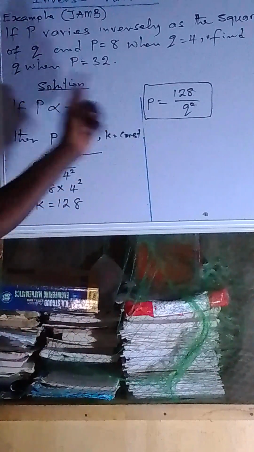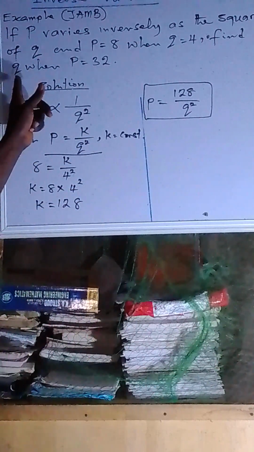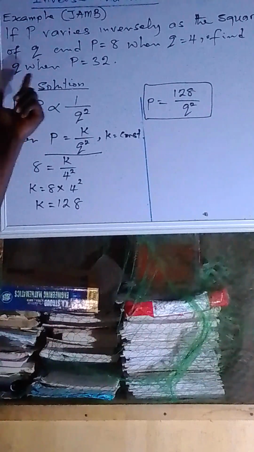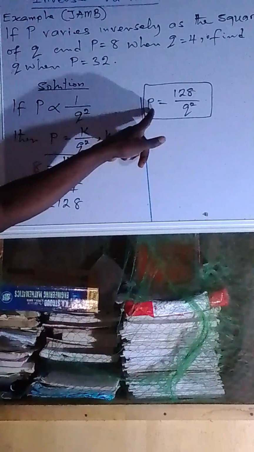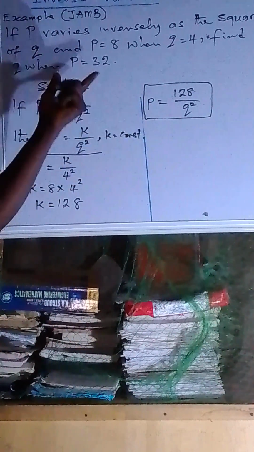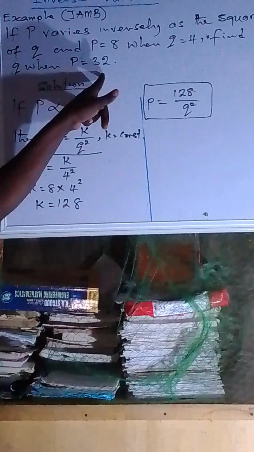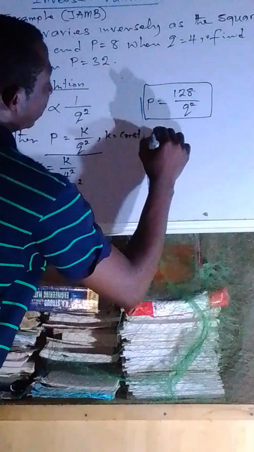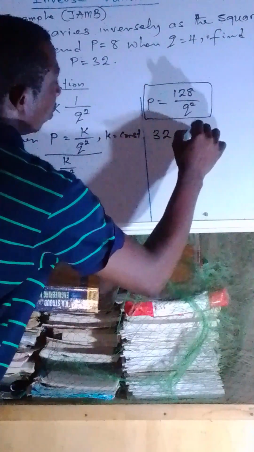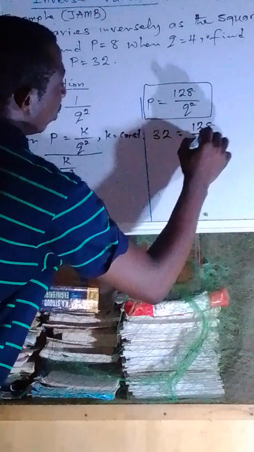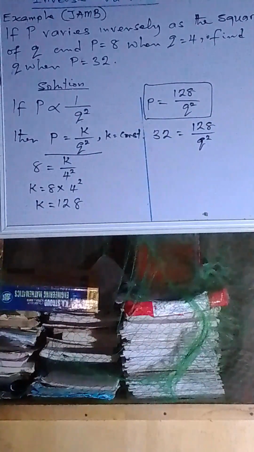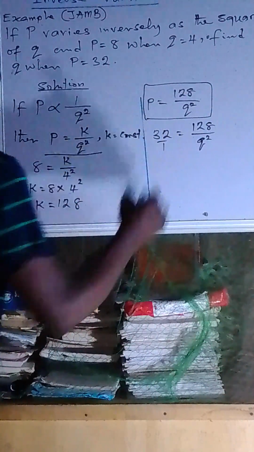Now that will help us to get the value of Q. We just substitute the value of P into this equation. Now when you look at it, P is 32. So substitute 32. We have 32 equals to 128 all over Q square. Now from here, you do cross multiplication.